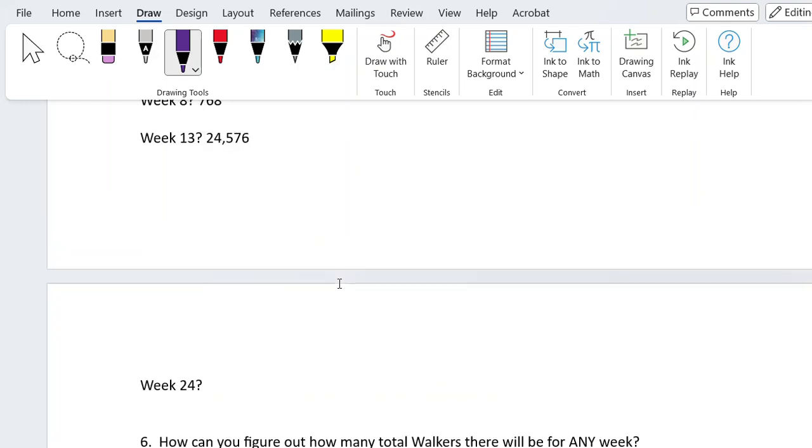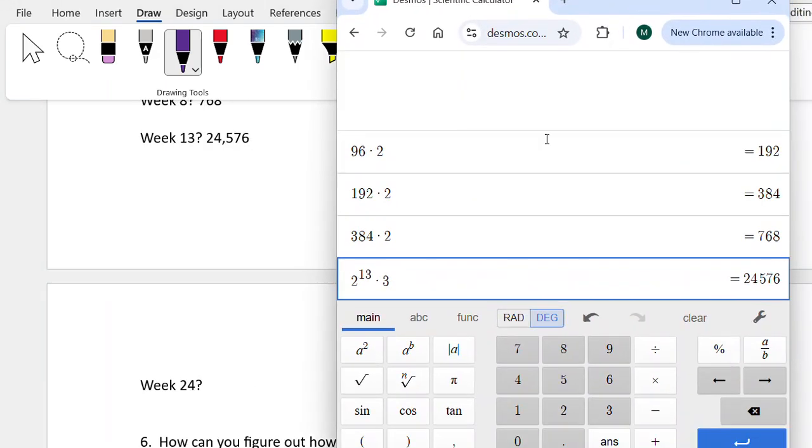And for week 24, again, I could keep multiplying by 2 on my calculator several times, or I can just change my power here. So in week 24, I'm going to have 24 factors of 2 multiplied by that initial factor of 3. We have 50,331,648.